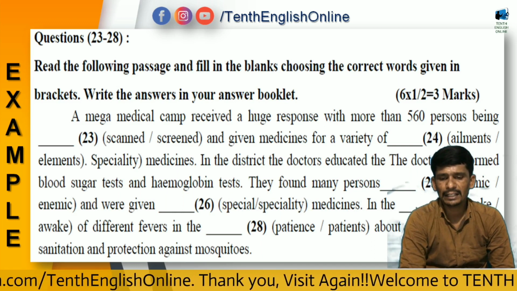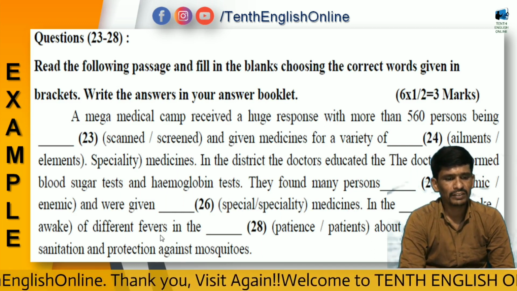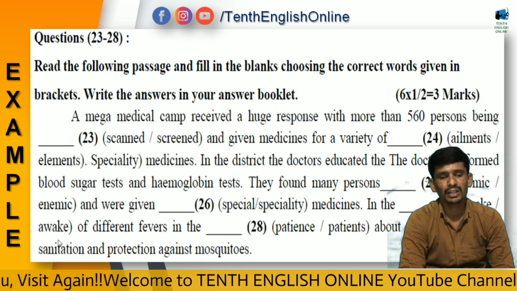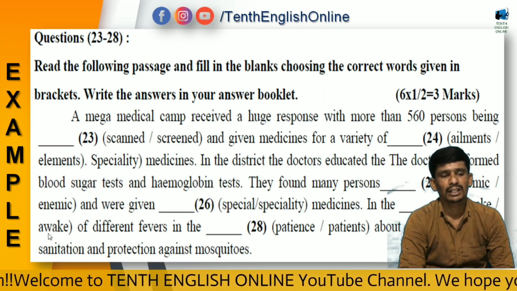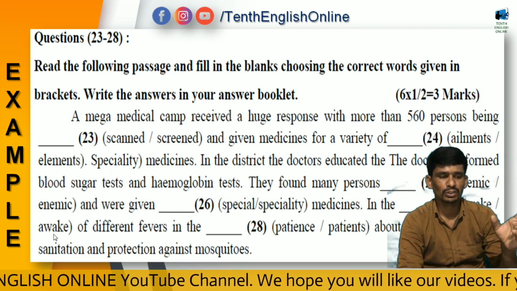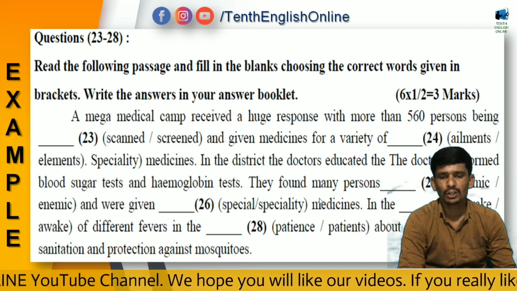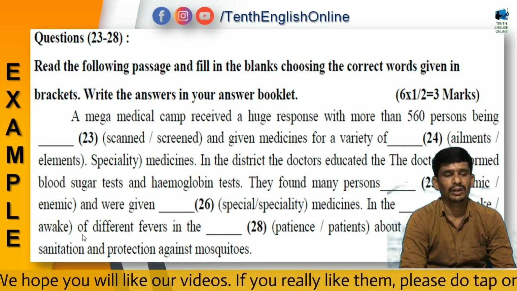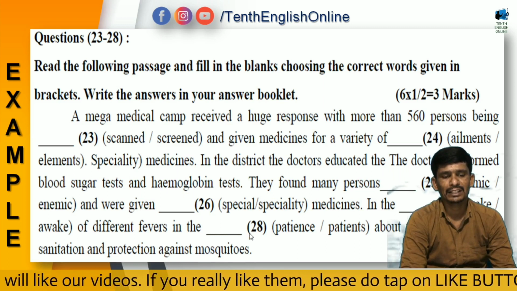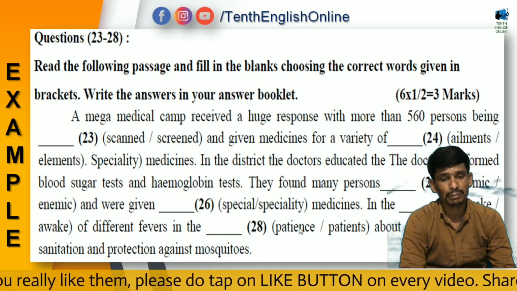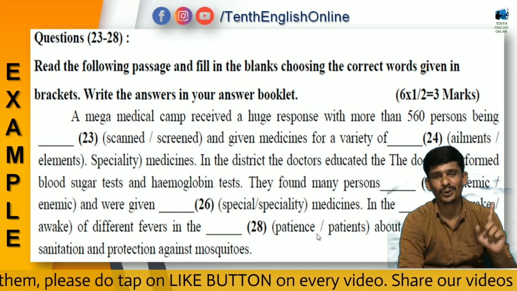Okay? And in the dash of different fevers, in the wake of different fevers, or in the awake. Awake means something different, right? It shows the person's present mood. Okay, so the correct answer is wake, in the wake of different fevers. In the dash, patients or these patients.